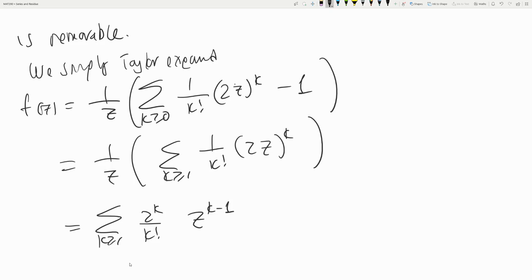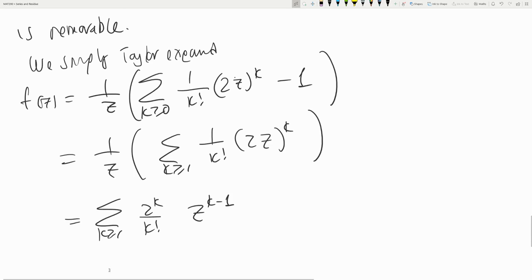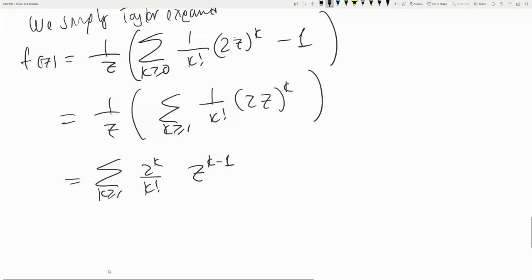Let me see a couple of terms: we have 2, then 2 squared over 2 factorial times z, and so on, 2 to the 3.